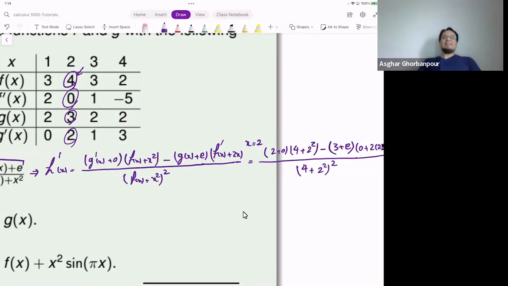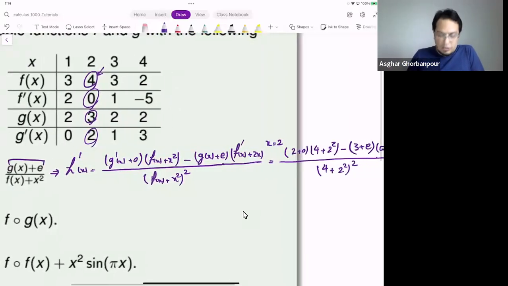I have all the values. I can go ahead and compute that one. I will leave the rest for you to complete. This is a straightforward calculation, and this had nothing to do with the chain rule.